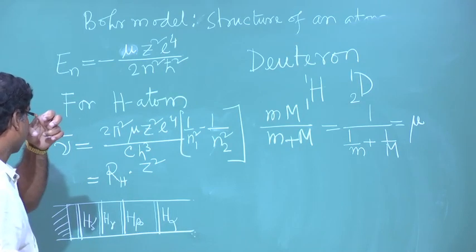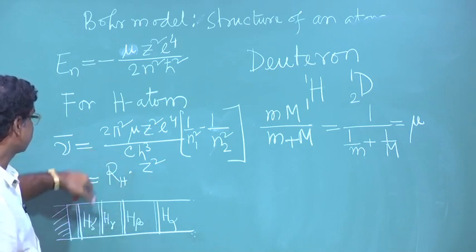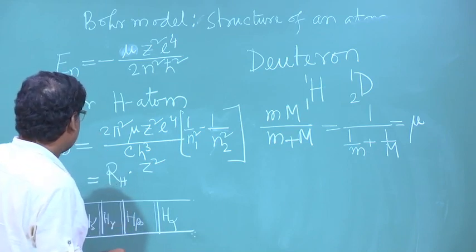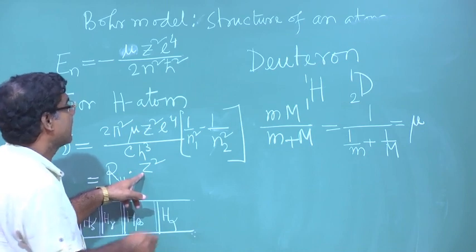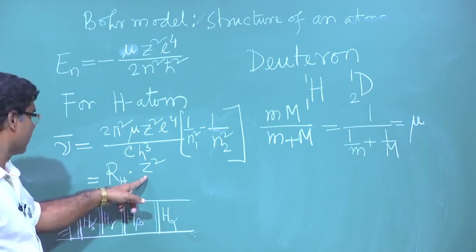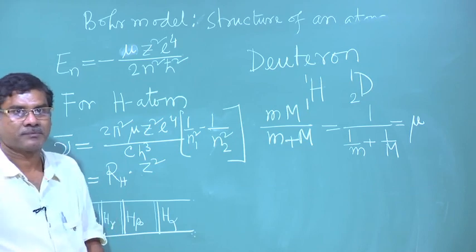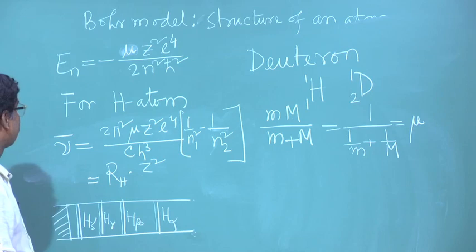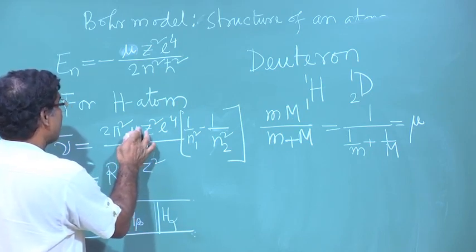So in case of deuterium z is 1, so the Rydberg constant looks the same, but it is not the case, because now mu is different.